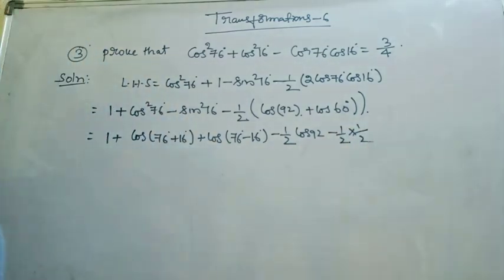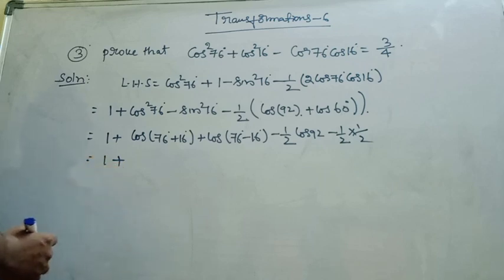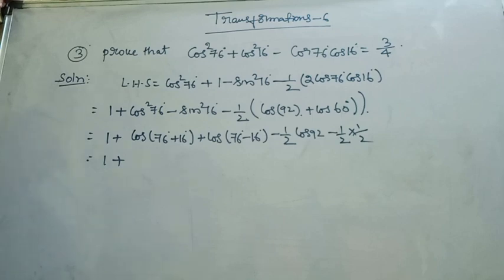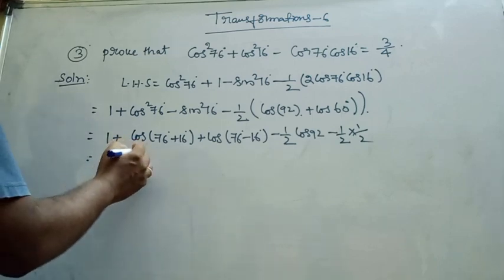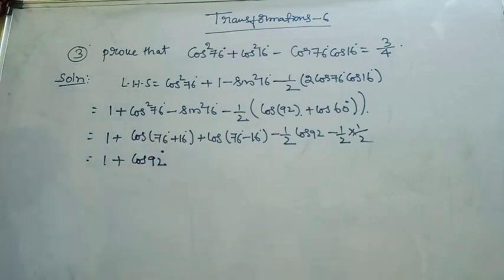Now this is 1 plus cos 76 plus 16, that is cos 92 degrees, into cos 60 degrees.